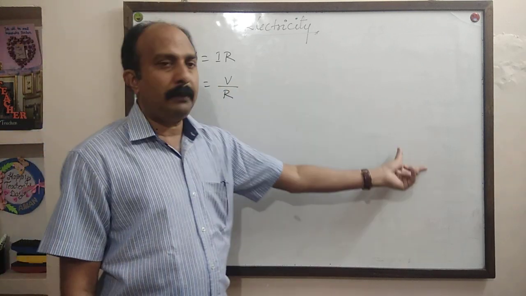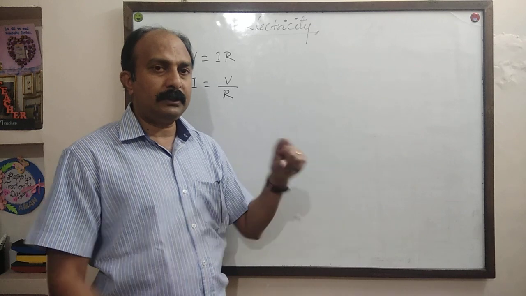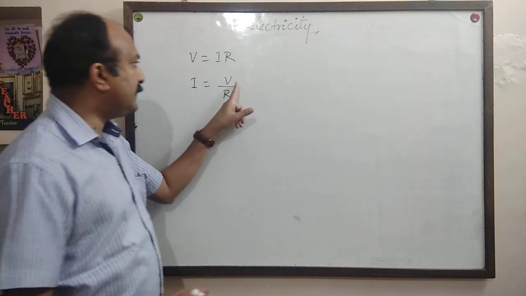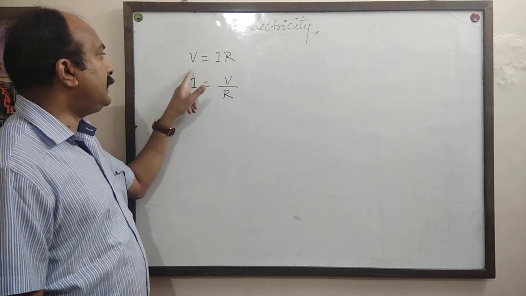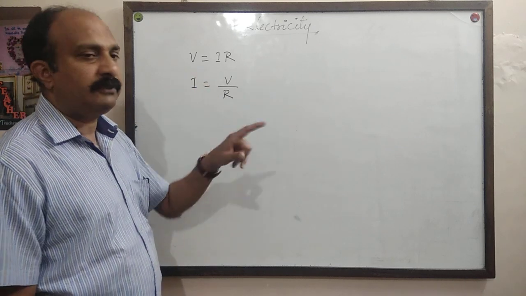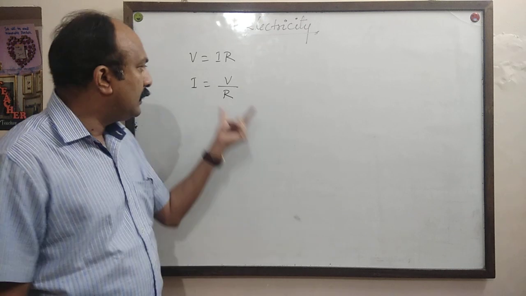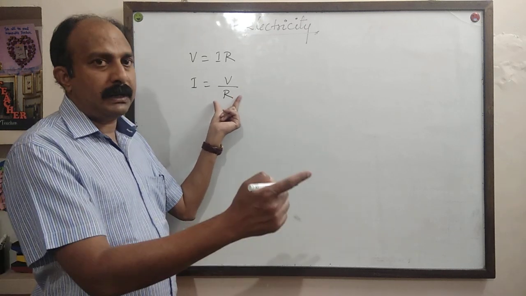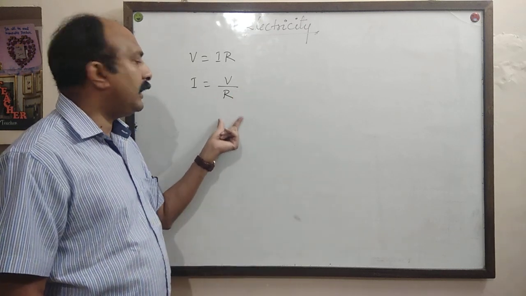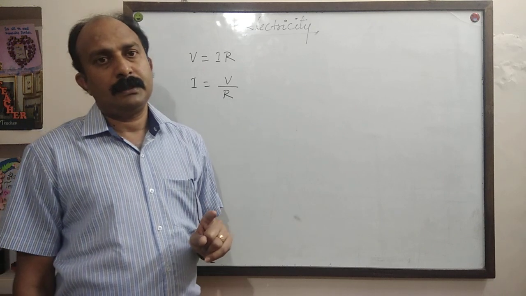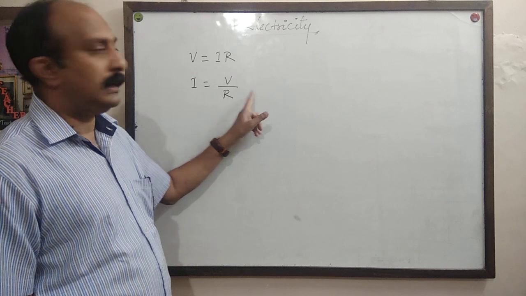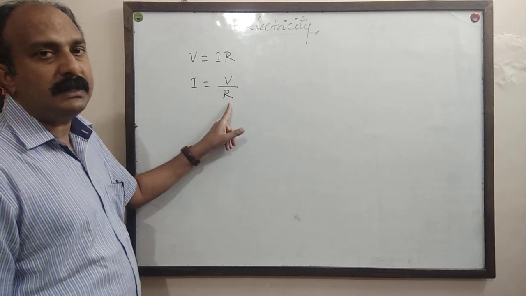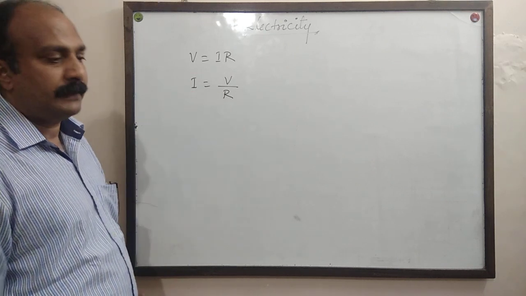So these three components, when connected to the same circuit having the same potential difference, the ammeter reading in all three cases will be different. Reason? Those components have different values of R. So remember this point, I is equal to V upon R. I is inversely proportional to R.